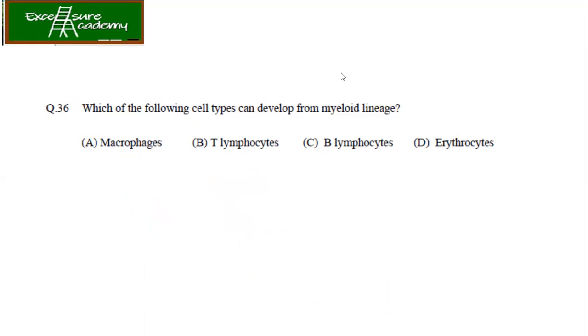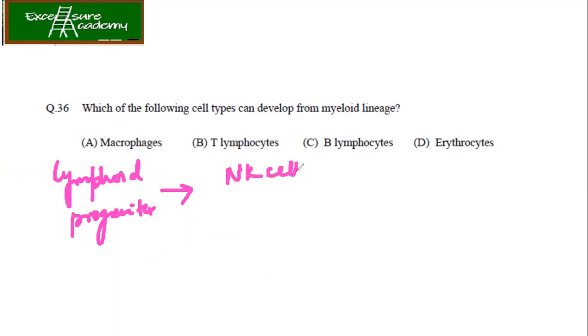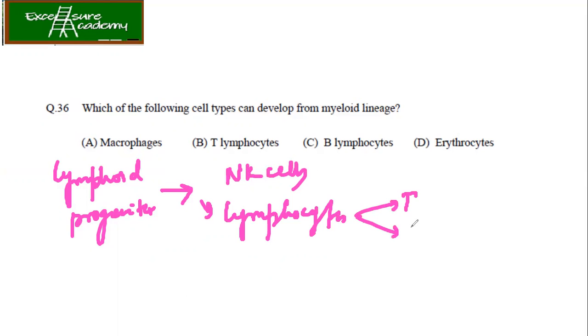Now coming to the lymphoid progenitor, you can also make such a flow chart so that it becomes easy for you to remember. You get your natural killer cells and lymphocytes. From lymphocytes, obviously you get T and B lymphocytes, and from B lymphocytes you also get the plasma cell. Yes, let's move on to the next question.